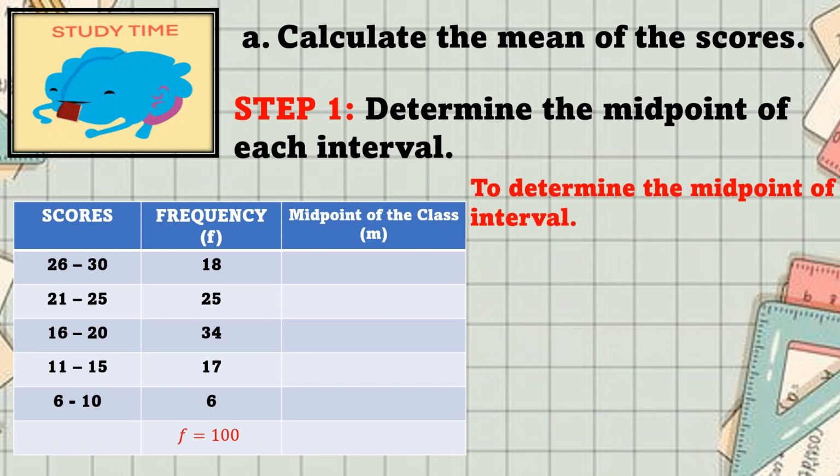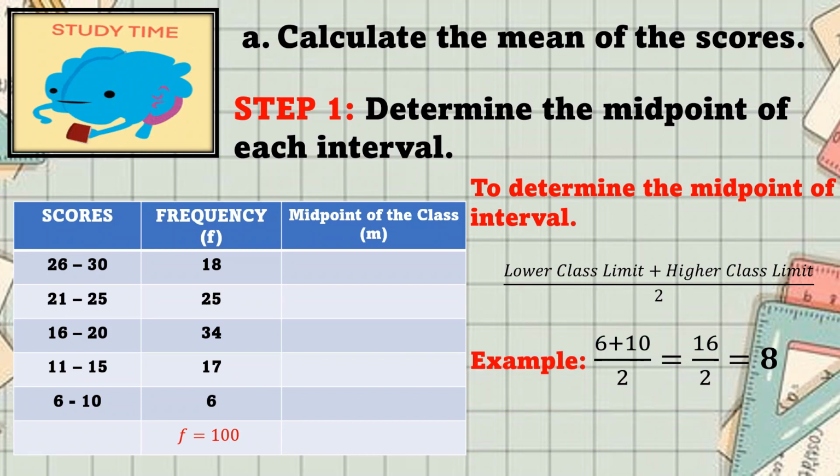To determine the midpoint of each interval, we have to follow the formula: lower class limit plus higher class limit divided by 2. Let's say, for example, we want to find the midpoint of the class interval 6 to 10. So we have 6, which is the lower class limit, plus 10, which is the higher class limit, divided by 2. So that will be 16 divided by 2, which is equal to 8.